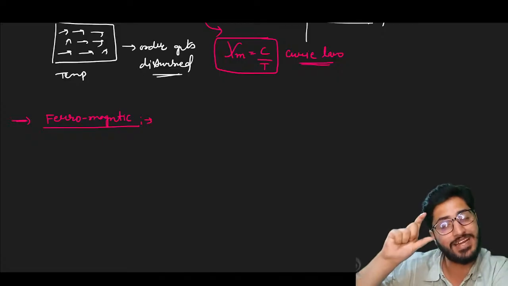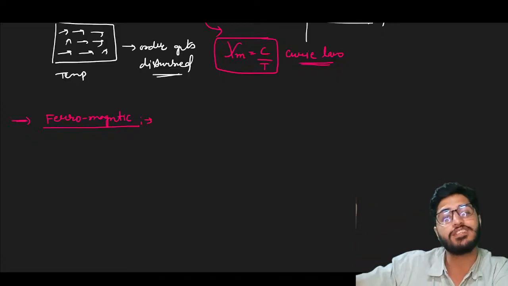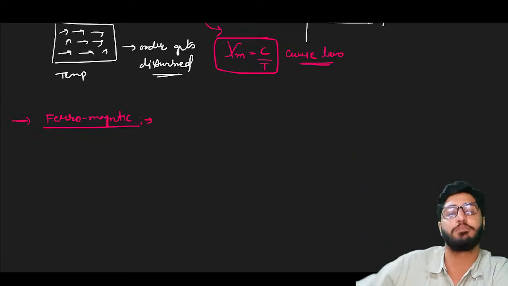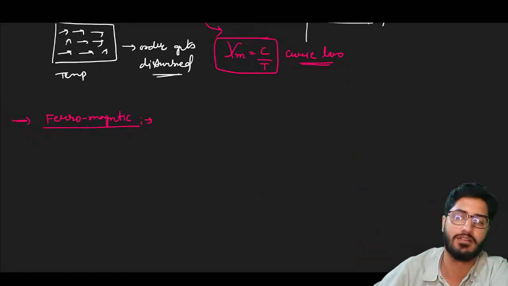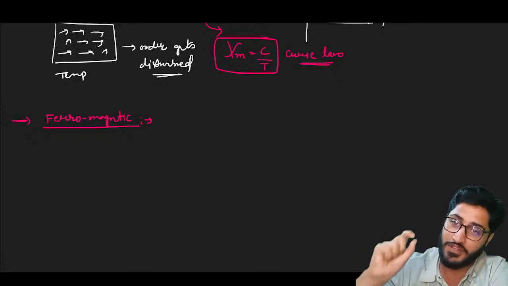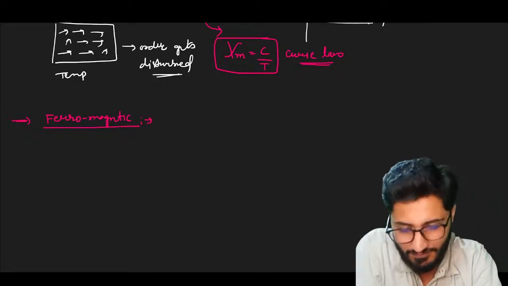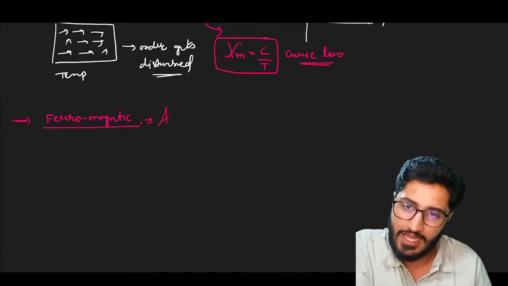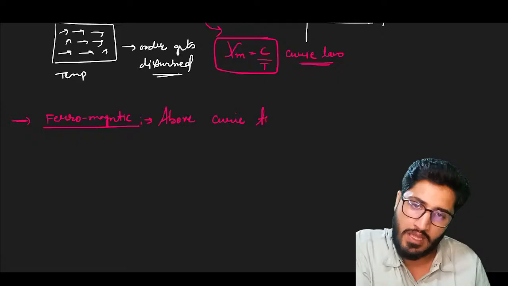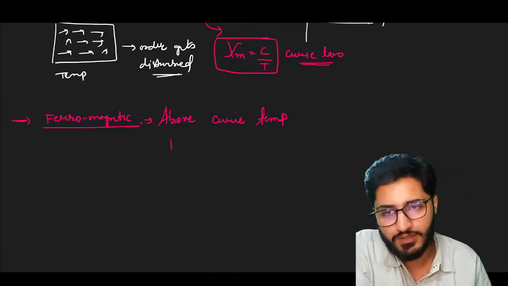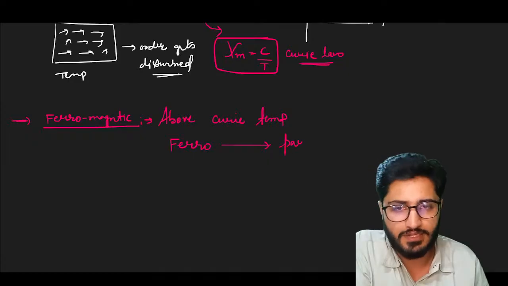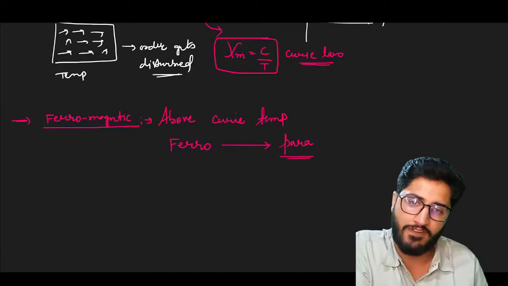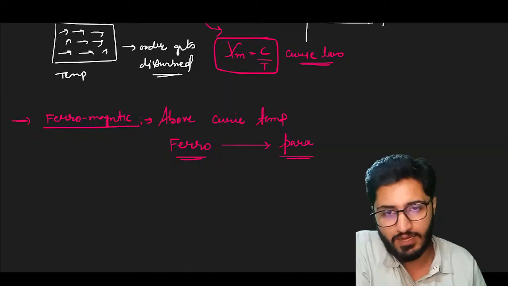There will be a temperature above which, if we increase it, ferromagnetic changes to paramagnetic. That particular temperature is the Curie temperature. So you will write: above Curie temperature, my ferromagnetic changes to paramagnetic.